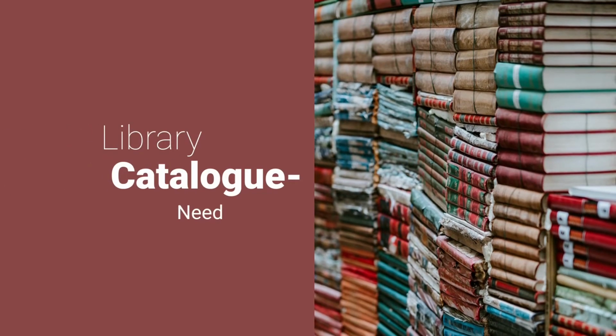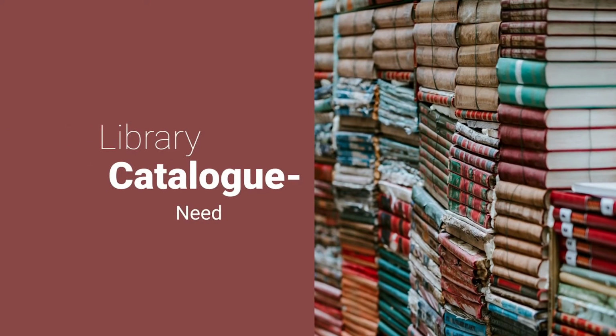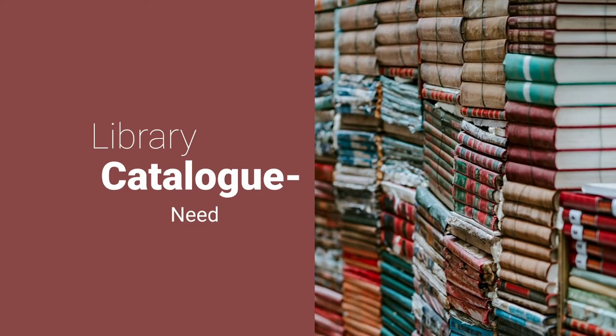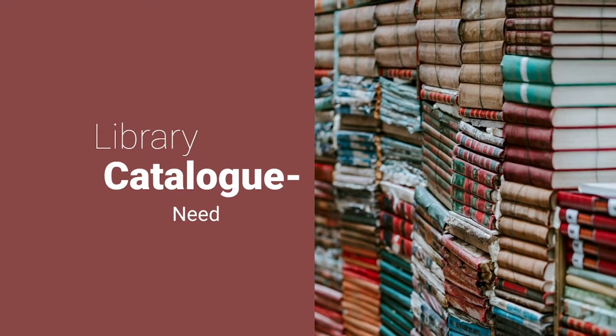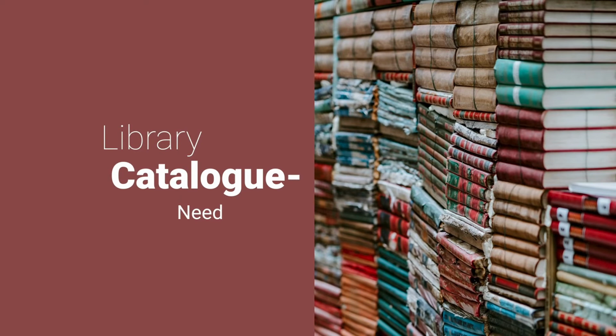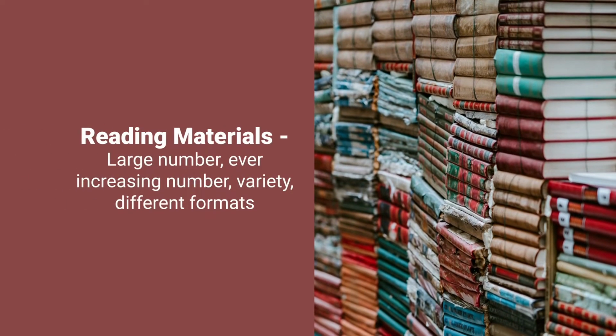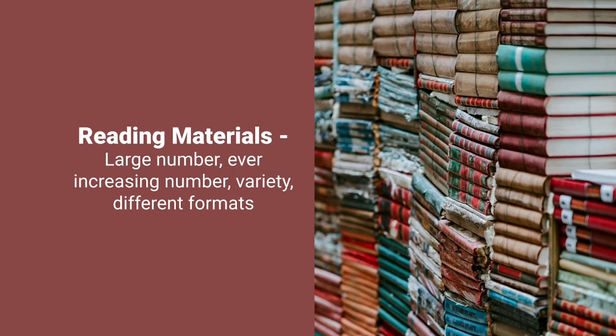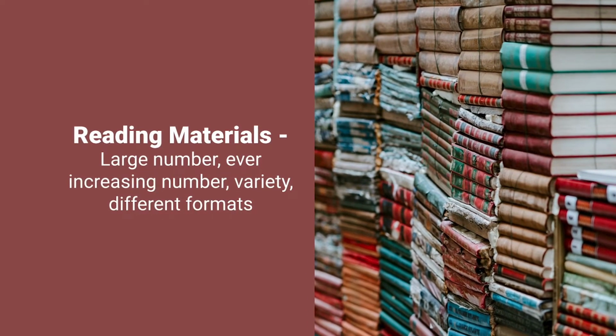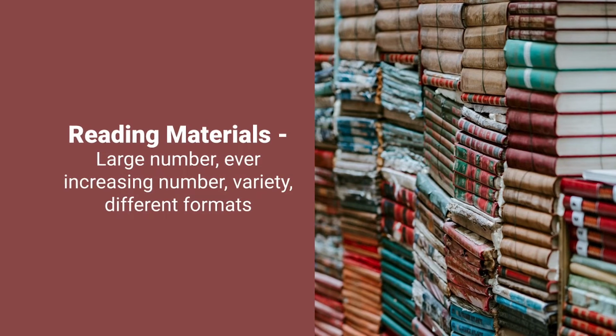Now, why do we need a library catalog? It's a very simple question, because from our past experience of seeing why a catalog is required, it is because a large number of things are there, and these things are ever increasing, and they are in different varieties, different forms, different formats. And it is very true of a library.